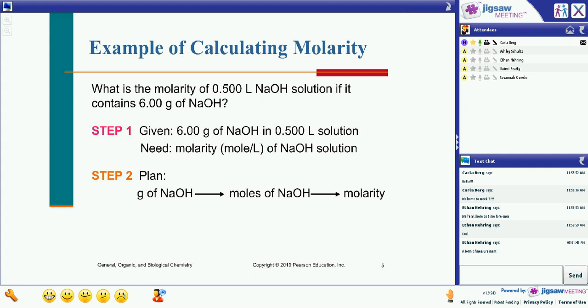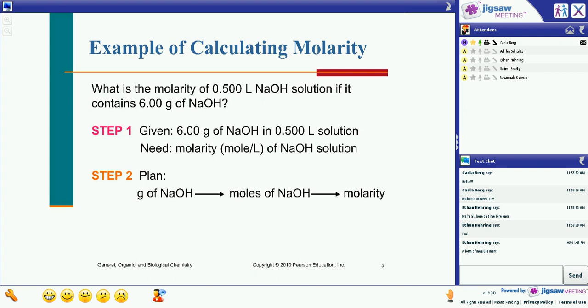Perfect. The first couple we are going to work out together. So here is an example of calculating molarity. What is the molarity of a 0.5 liter sodium hydroxide solution if it contains 6 grams of sodium hydroxide?